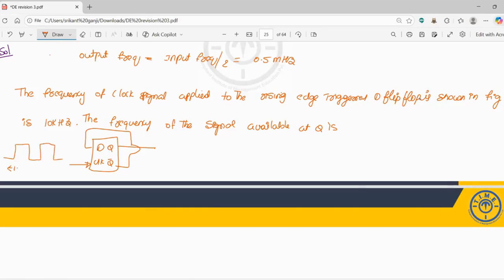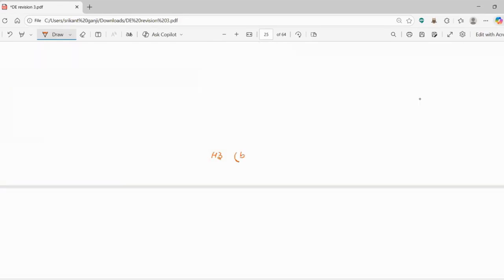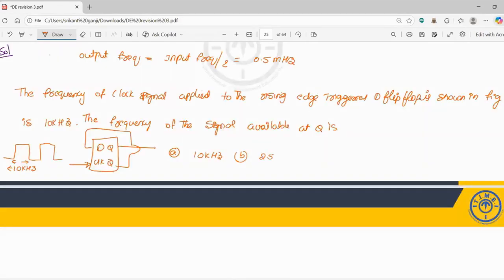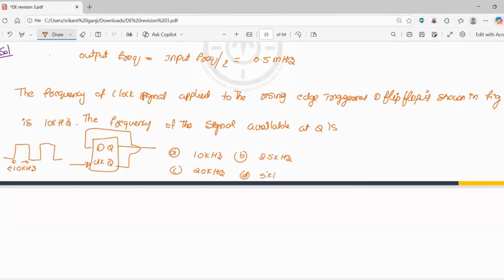This is going to be 10 kilohertz. The options are A 10 kilohertz, B 2.5 kilohertz, C 20 kilohertz and D 5 kilohertz.